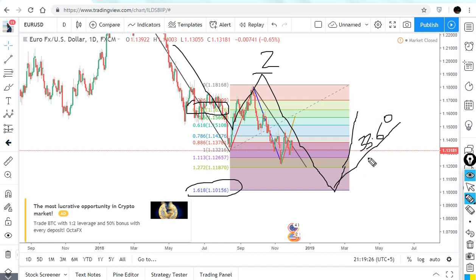So maybe a sideways bullish belt, and then it goes more down, for the number 1.11, then you will see down 1.08, and then you will see 1.05, and the end, bye bye.